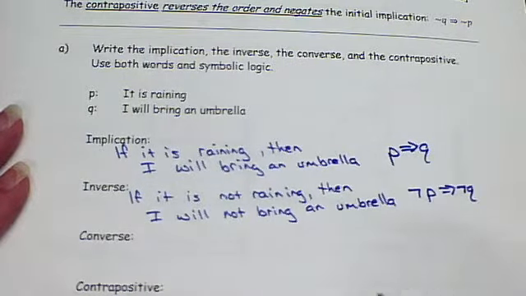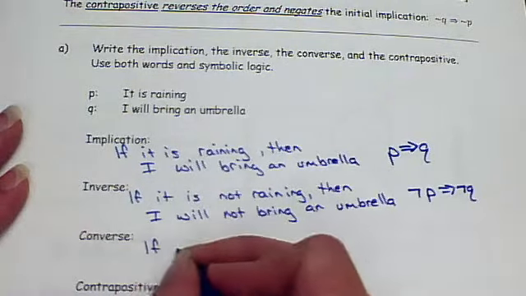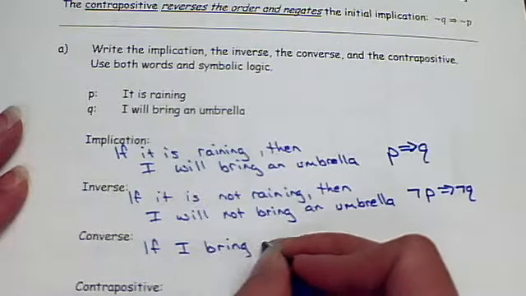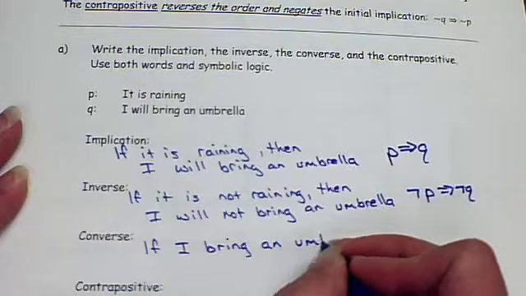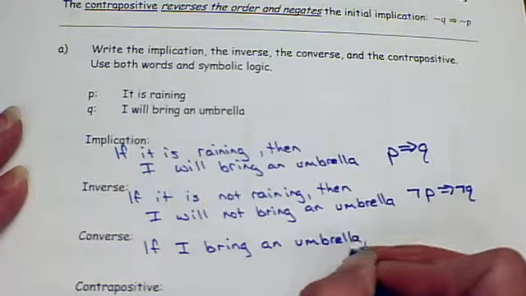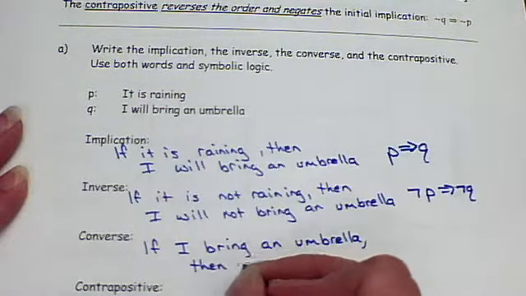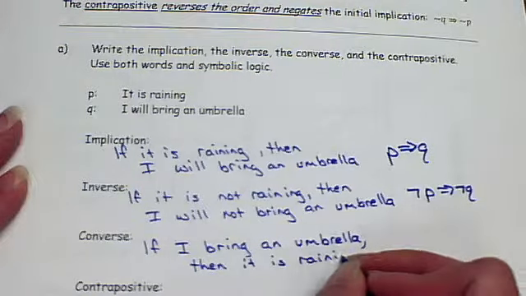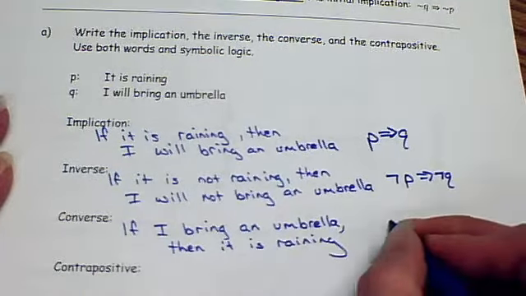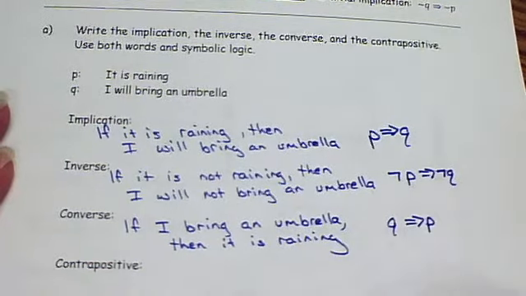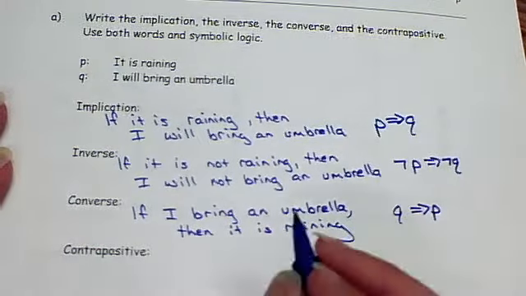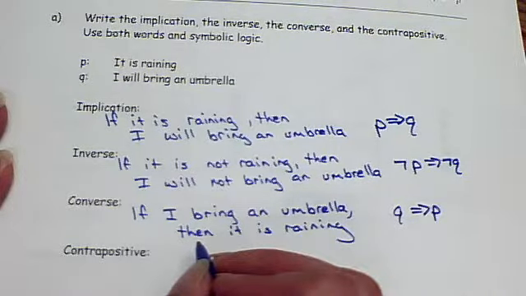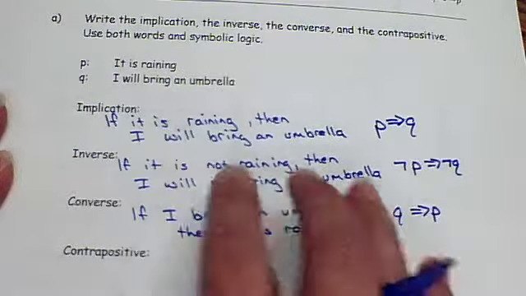Converse, this is where you flip it. If I bring an umbrella, then it is raining. And how many times is that true? It is raining. Actually, I think that's always false. So that's if Q, then P. The contrapositive, you negate the converse, or you flip the inverse, however you want to look at it.